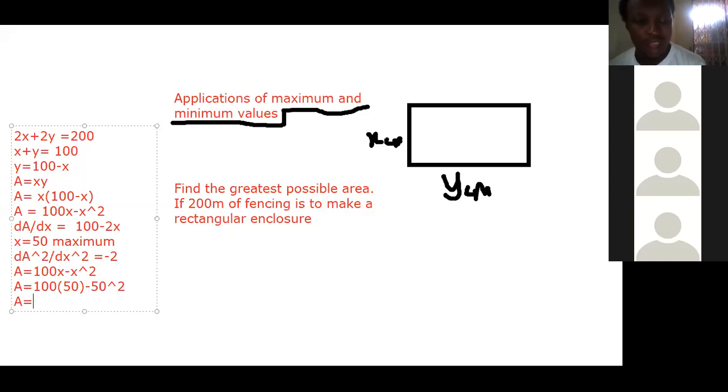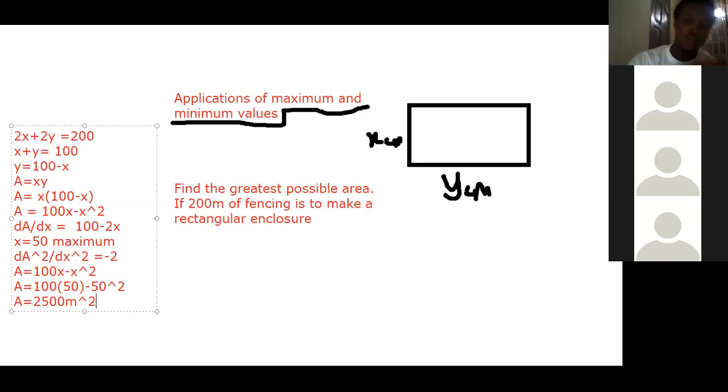This will be 100 times 50 minus 50 squared. 50 squared is 2,500. Please do the mathematics and let me write. So A will be equal to 2,500, and it is area, so meters squared.